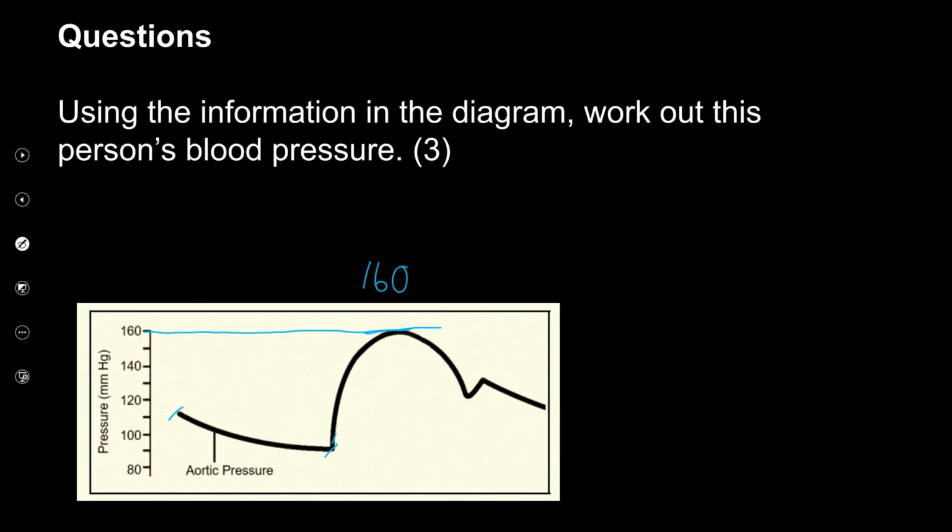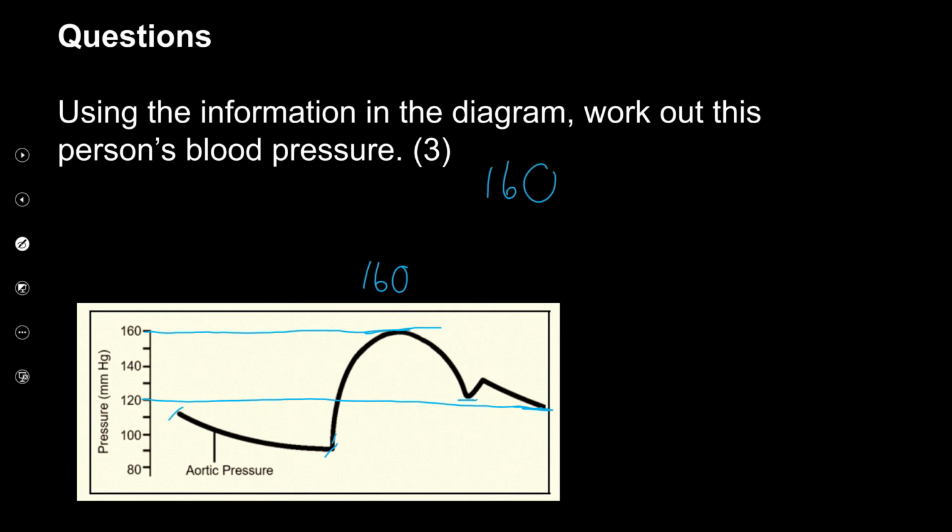So now what happens to his heart? It goes down, and then it goes up again. You can choose either here or here, but they're pretty much the same because that's where it's low. And we're going to get to 120.